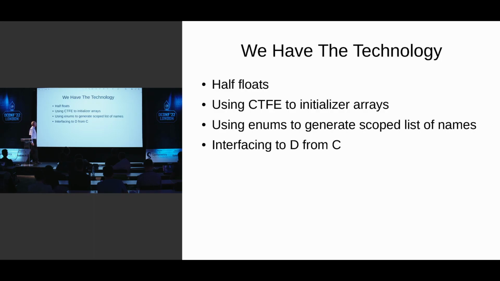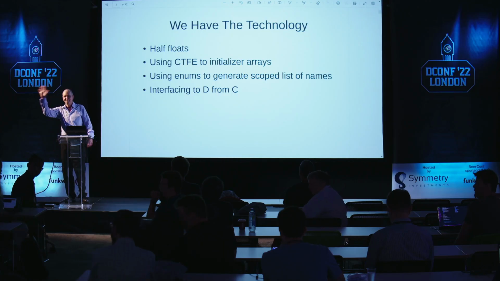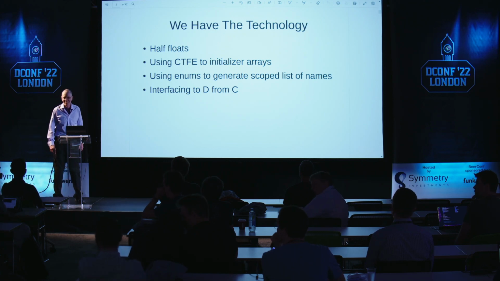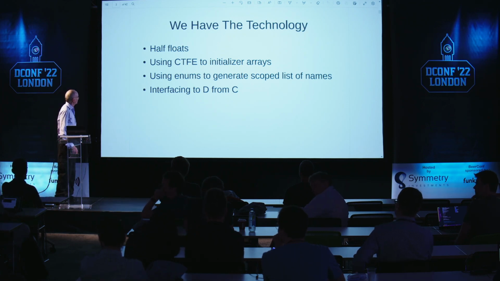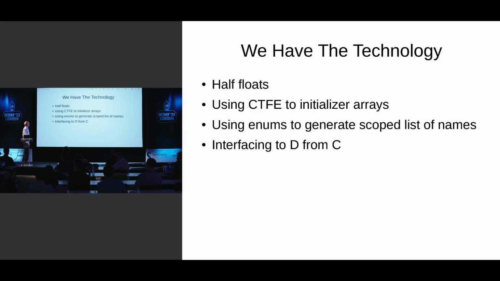We have the technology. We can do things like half floats. I think this was a request by Manu. Is Manu here? There he is. You remember half floats, right, Manu? Another way is using compile time function execution to statically initialize things.